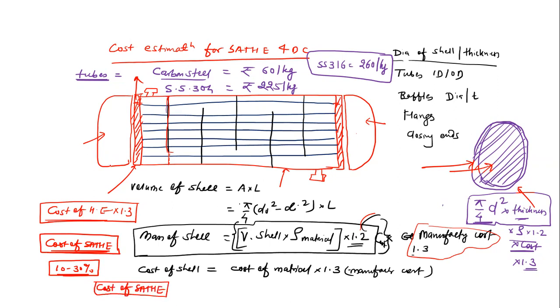Now, exactly the same thing we follow for distillation column. What is there in a distillation column? If you look at the distillation column, we have this column, correct? Plus we have plates, correct? Plus we have this downcomer.